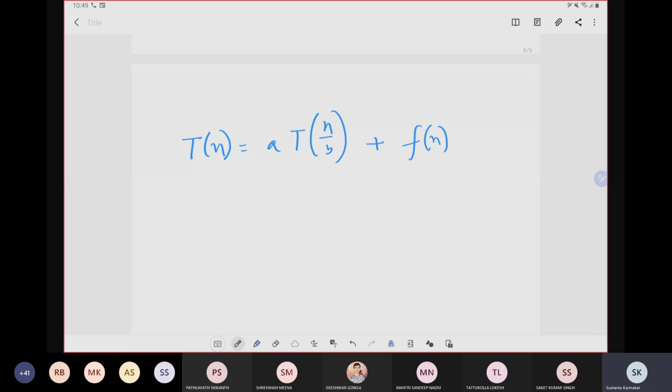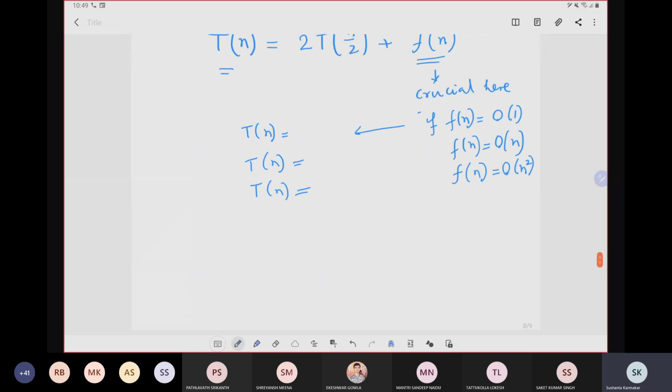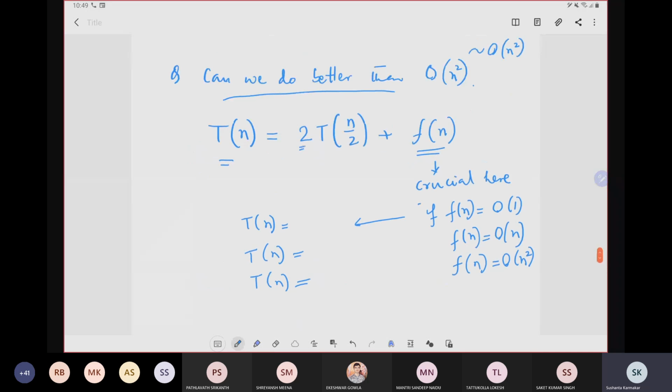For a particular choice of Fn, you can find different values of Tn. Here A and B are both 2 basically. See, this is my A, this is my B.